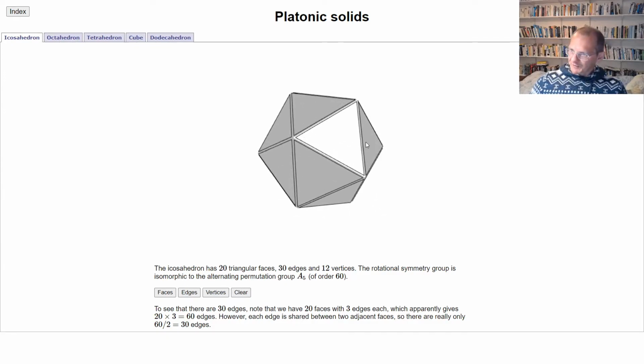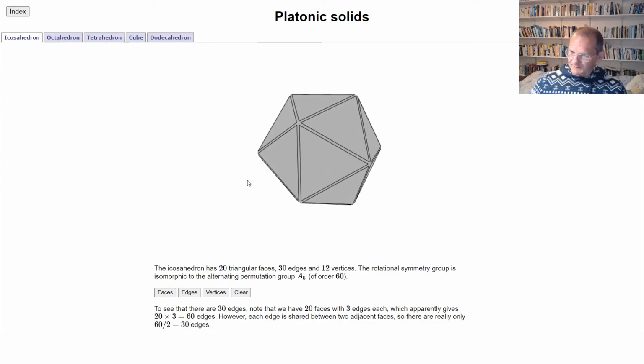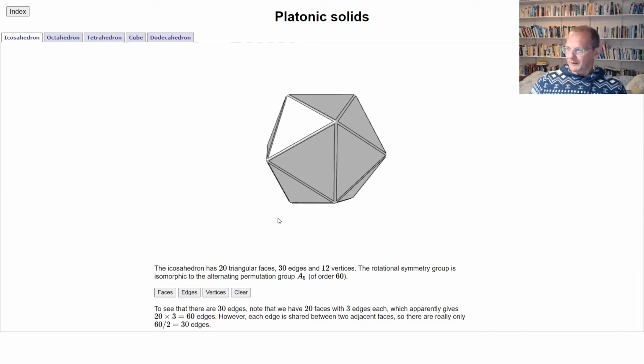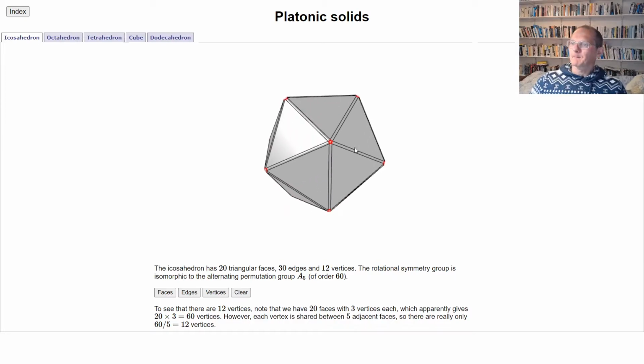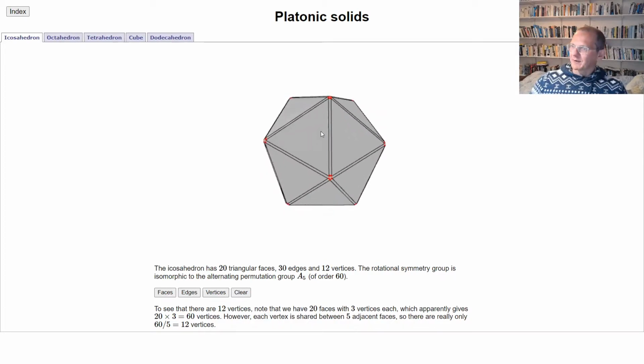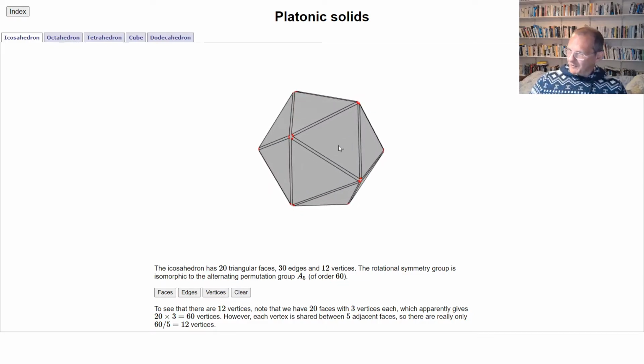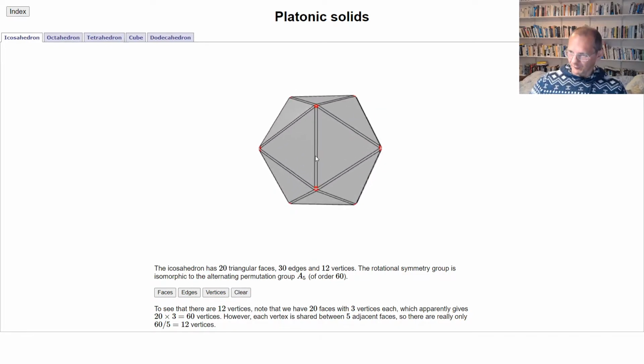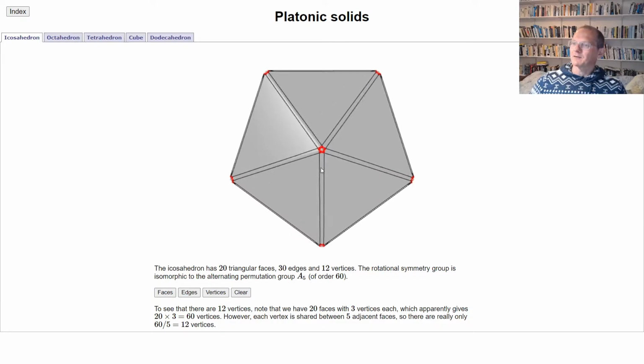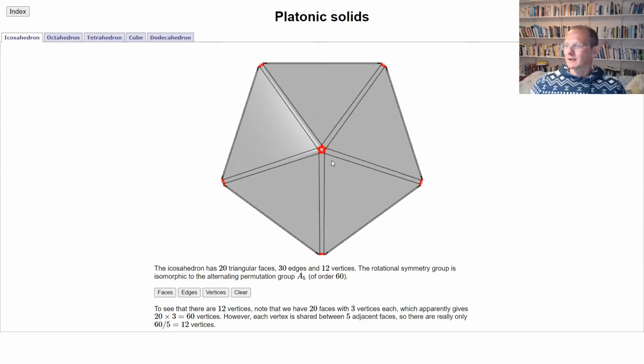And then again, you want to count the vertices. One way to count the vertices is like this. We do the same sort of thing. Each of these 20 triangles has 3 vertices, which makes 60 vertices altogether. But again, we're overcounting that. If you look here, this is really only one vertex, but we're counting it as a vertex of each of these 5 triangles here.